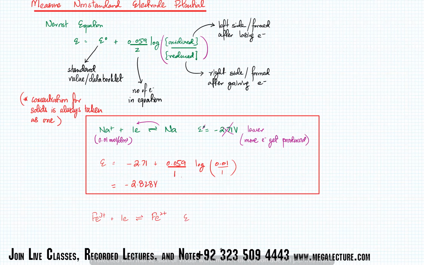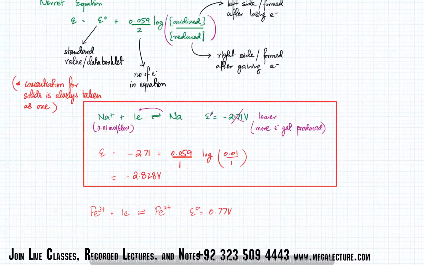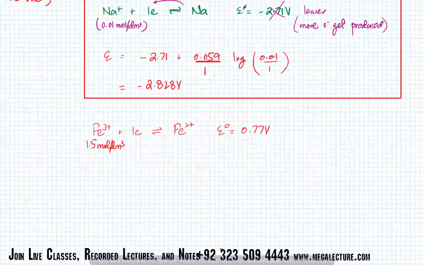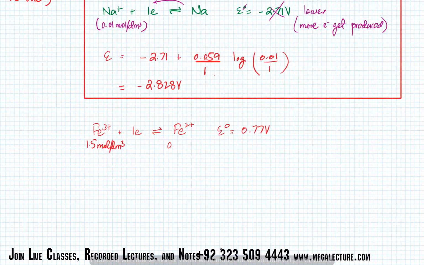The standard potential for this is 0.77. Let's increase the concentration, say 1.5 mole per dm cube, and the concentration for the other one is, let's say, 0.04 mole per dm cube.